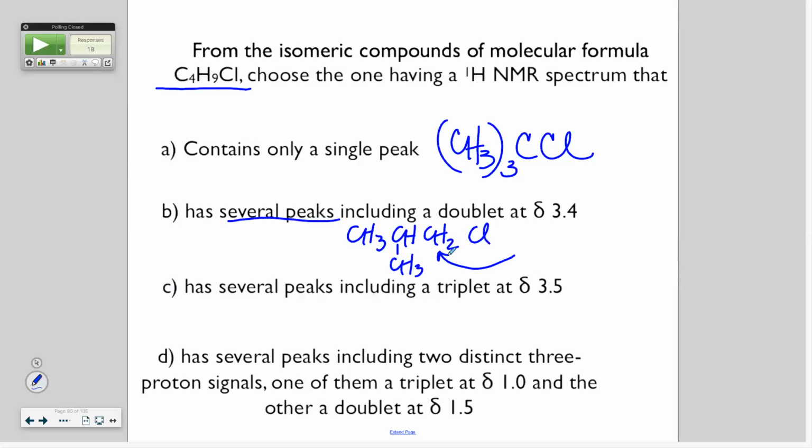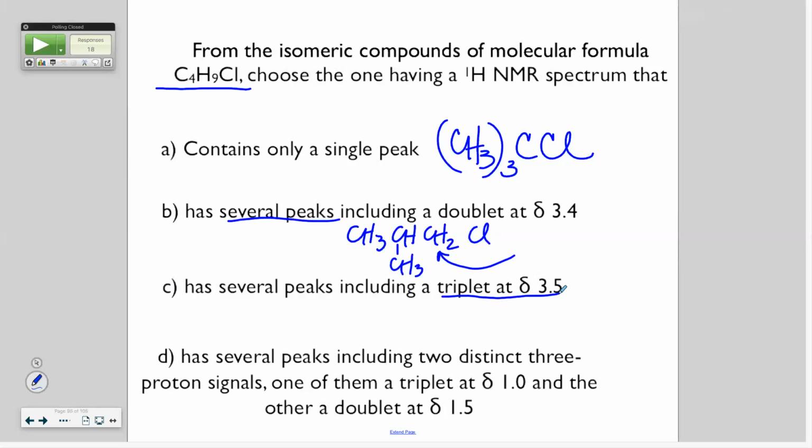Okay, which will have a triplet at 3.5? Well, the bottom one, where's the triplet? Let's do all the splitting. What's this one going to be? How many neighbors? 2 plus 1 is?